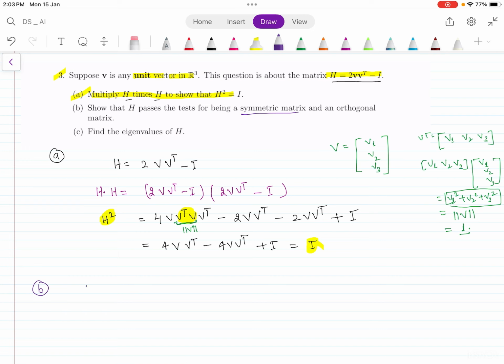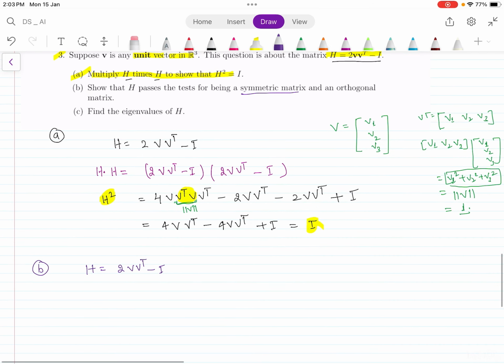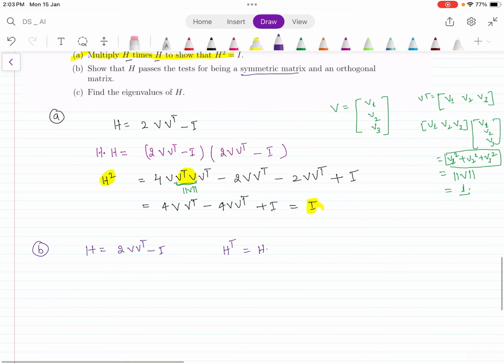So we have been given this matrix H, that is 2 v v transpose minus I, right? Now if we take the transpose of this matrix, then we should get the same matrix. That means if we take the H transpose and get the same matrix, then the matrix is symmetric.